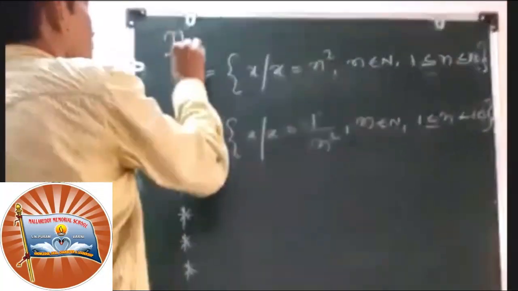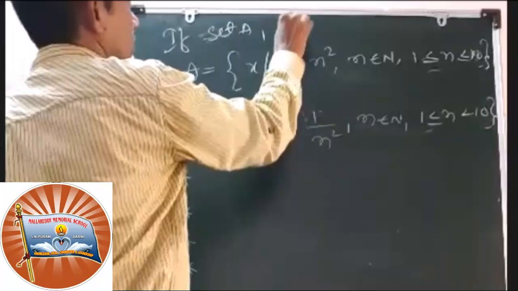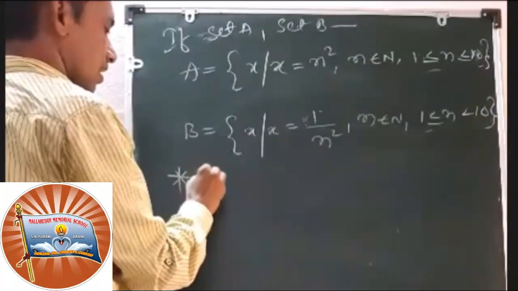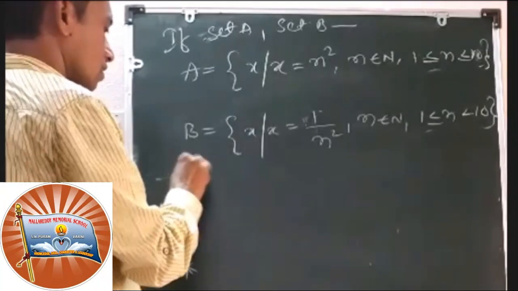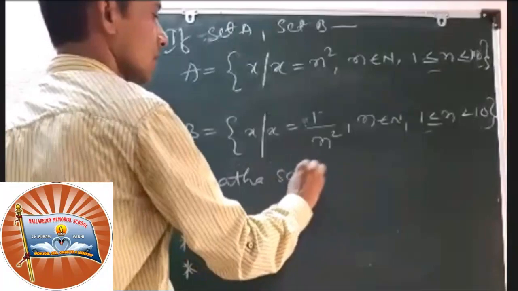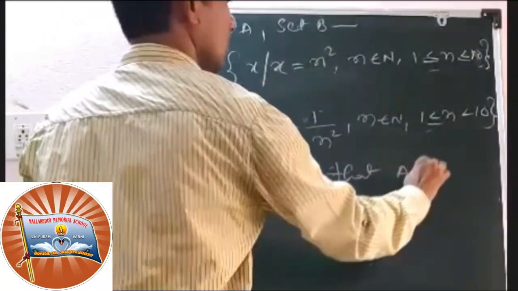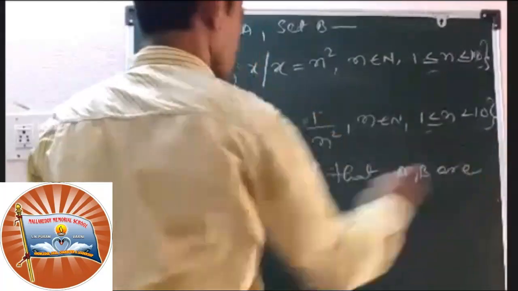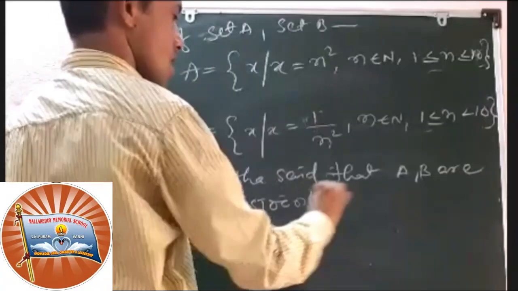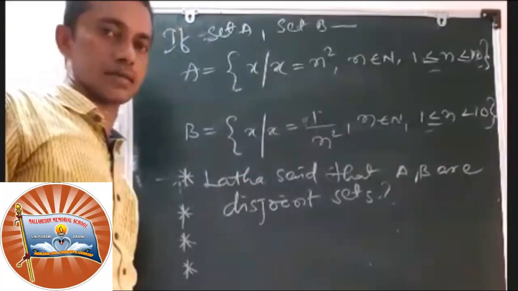If set A and set B are defined below, then Lata said that A and B are disjoint sets. Do you agree with Lata or not?